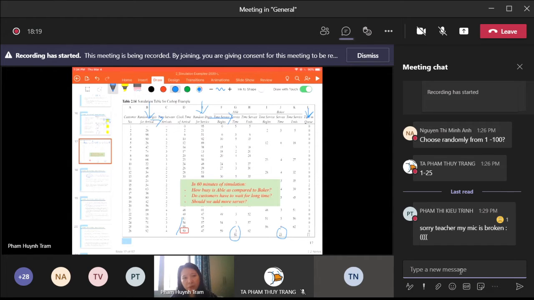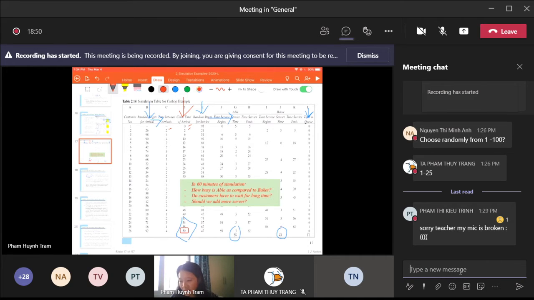It means that you need to have a column that monitors the simulation time, this column. For example, the first customer arrived, and let's say we have a simulation clock and it will be 0. The next customer arrived 2 minutes after the first customer, so our simulation clock will show 2.